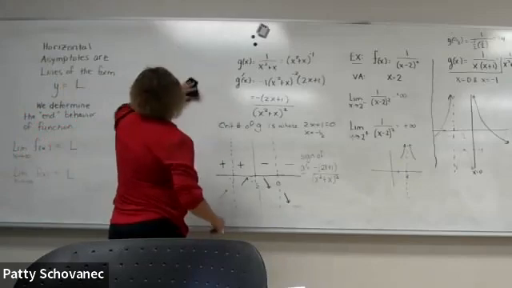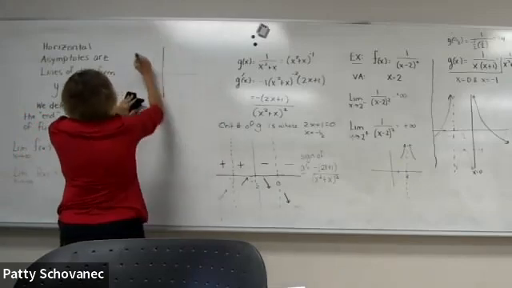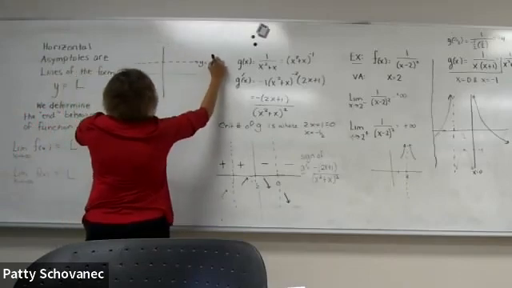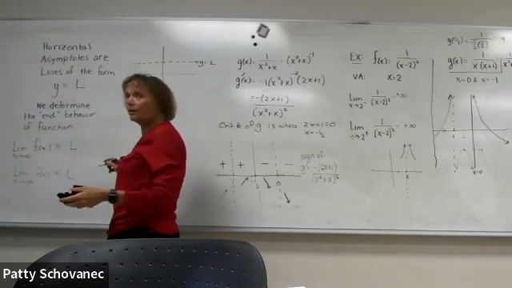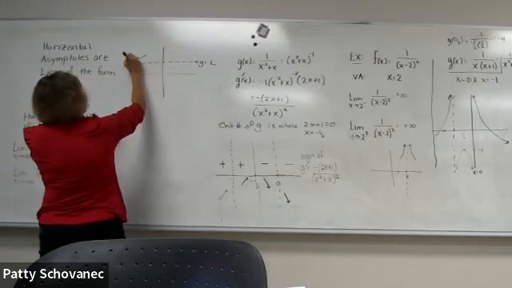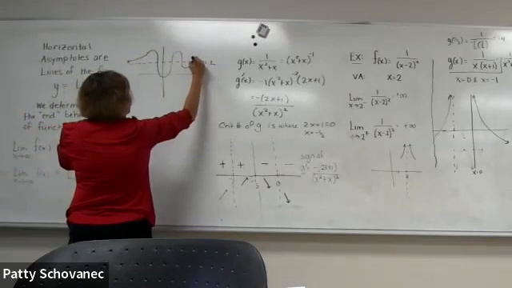So on the horizontal line, this is the line y is equal to L. There's a horizontal asymptote at the ends of the graph go there. The middle can do whatever it wants. Let's say the end of the graph goes there, and then whatever happens in here.